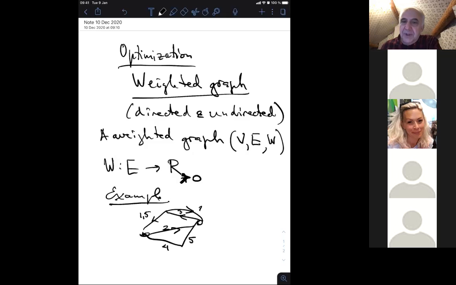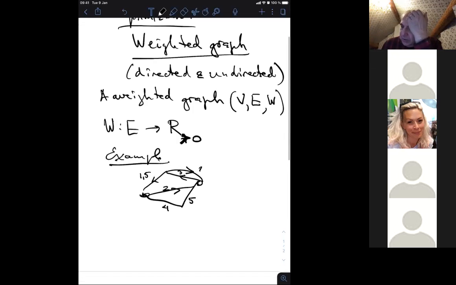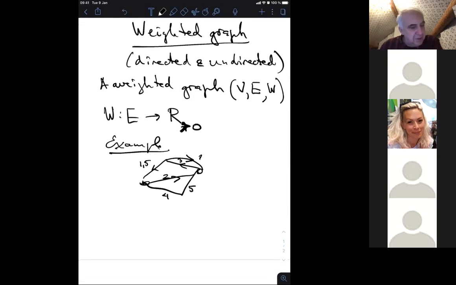If you think that this is a traffic net, you can think that those numbers tell you how long it takes for you to drive from one point to the other, if you assume that you're traveling with some kind of average velocity, around 70 kilometers, I don't know. Or it could be resistance in the network, for example, an electrical network. So there are many natural things one can associate to weighted graphs. They really appear naturally in many contexts.